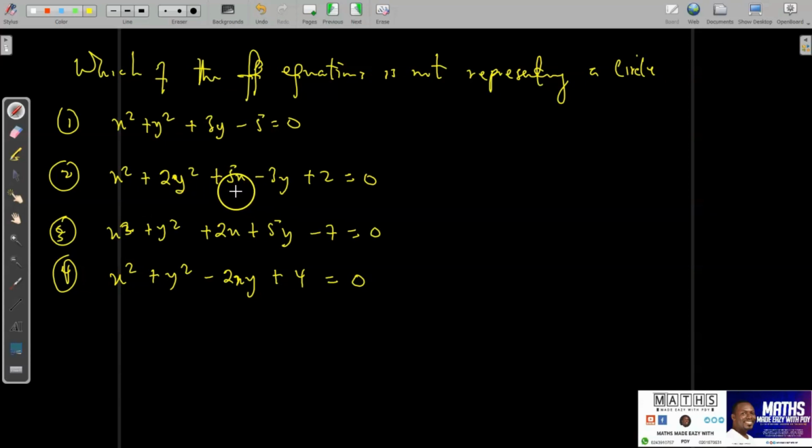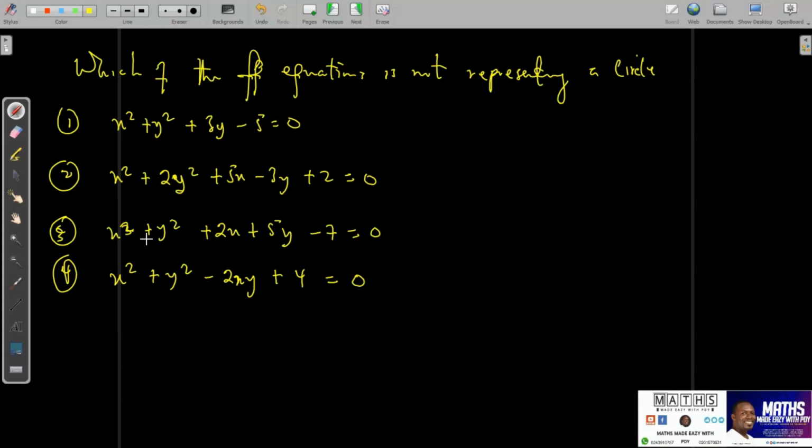So number 2, as you've perfectly said, is not an equation of a circle based on the reason you just gave. Good. Yes, what else? Number 3 is x cubed plus y squared plus 2x plus 5y minus 7. Number three is not an equation of a circle.